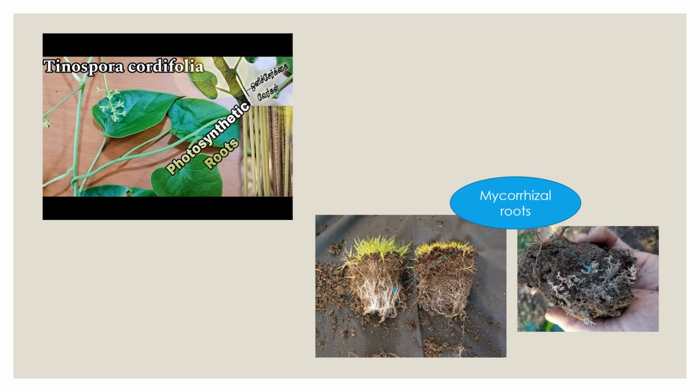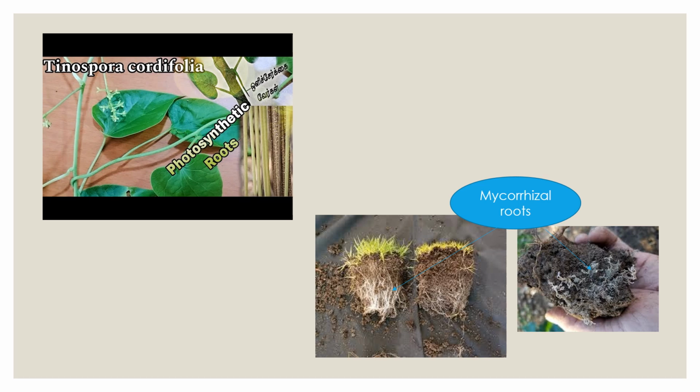Here we have photosynthetic roots. As I said to you, it's green, so when it's exposed to the sun, it helps the plant to manufacture food by photosynthesis. An example of this plant is Tinospora. Also we have mycorrhizal roots.